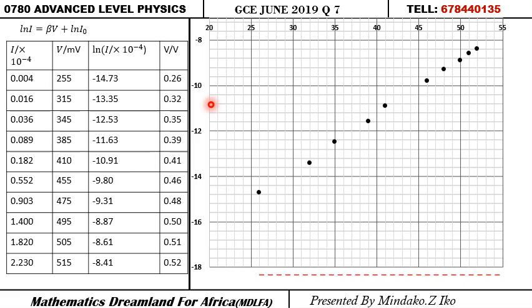So what you do is that for you to derive your scale, take the highest value and shift it a bit. Let me say if the highest value is 20, shift it to 22, and then take the least value, let me say it is 5, shift it to 4, and then take 22 minus 4, and divide the answer by the number of divisions that you are about to plot.